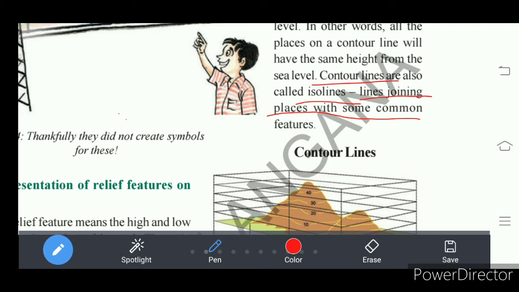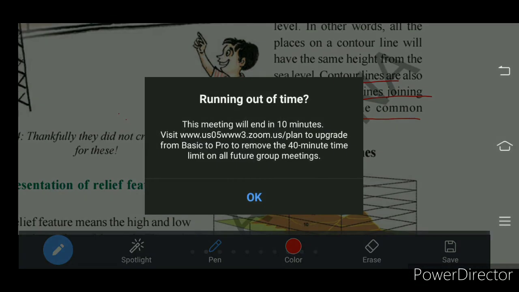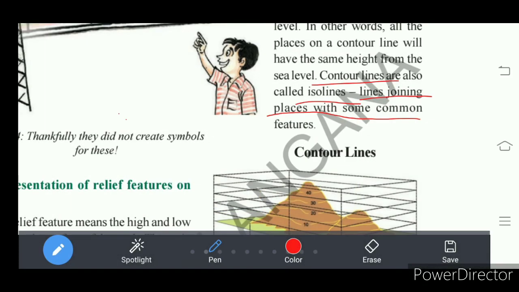Suppose some of the places on the earth's surface are at 10 meters height. All those places are connected with a line and it is represented with 10. Then you should understand it is a contour line connecting the places which are at equal height.